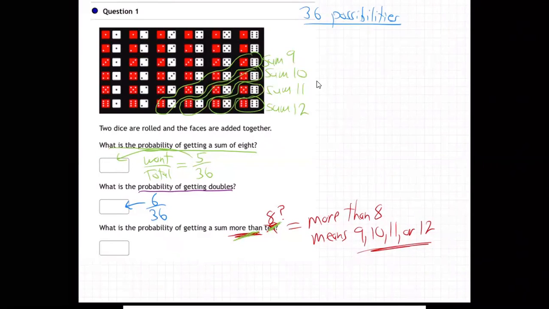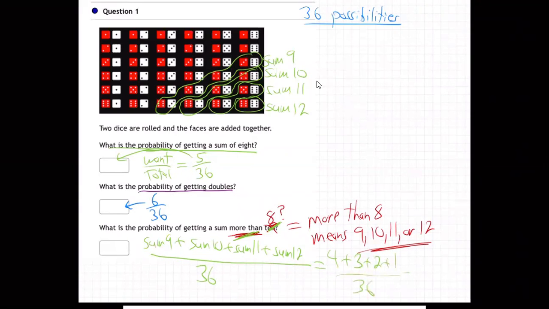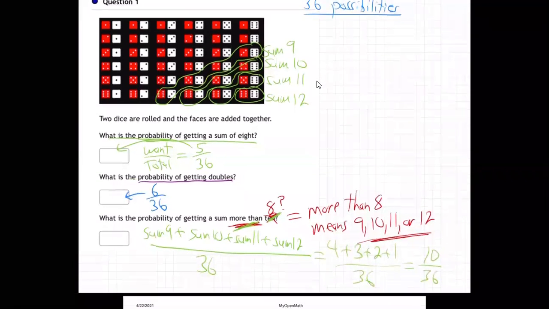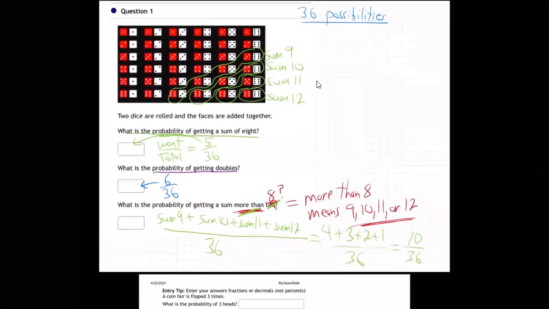Well, you could have a sum of 9 plus a sum of 10 plus the sum of 11 plus the sum of 12, all over 36, which is what? 4 plus 3 plus 2 plus 1 over 36, which is 10 over 36. See how that works? I just added up the various possibilities.